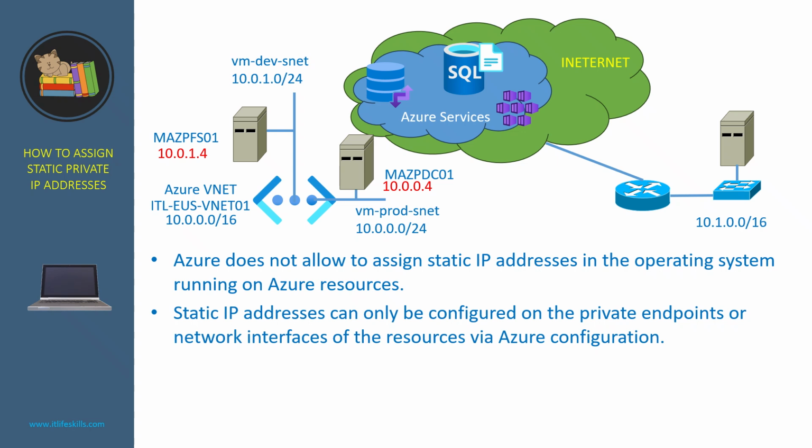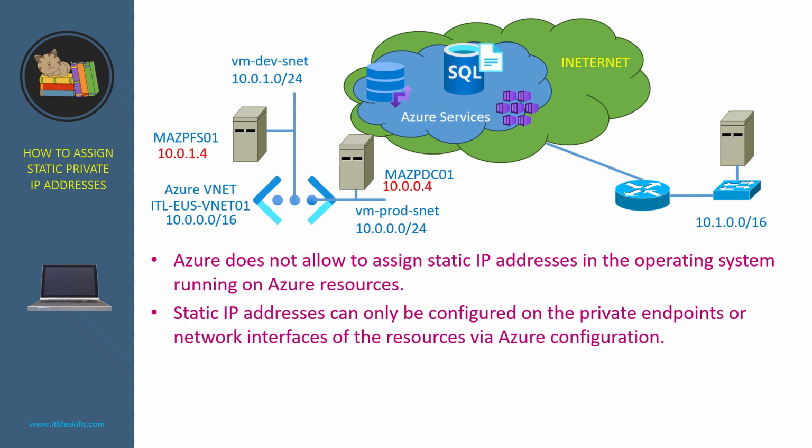So how do we assign static private IP addresses? As you know, Azure does not allow assigning static IP addresses in the operating system running on Azure resources. Static IP addresses can only be configured on the private endpoints or network interfaces of the resources via Azure configuration.